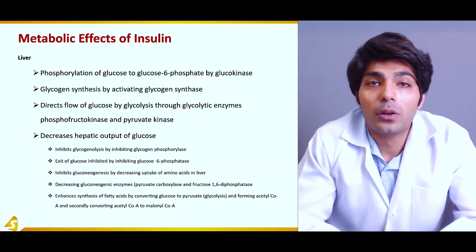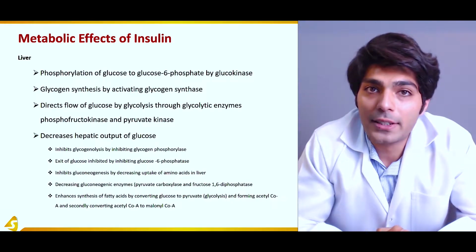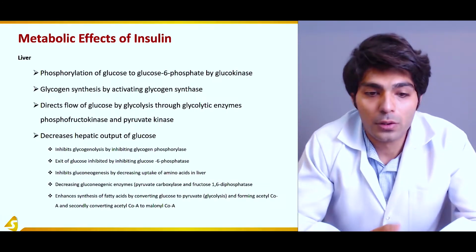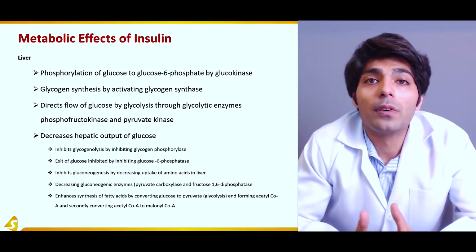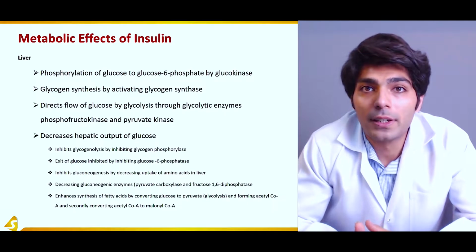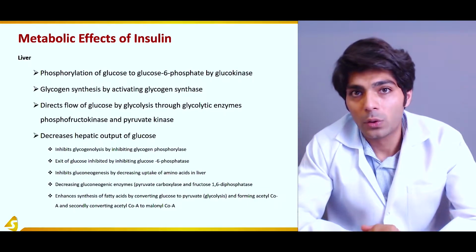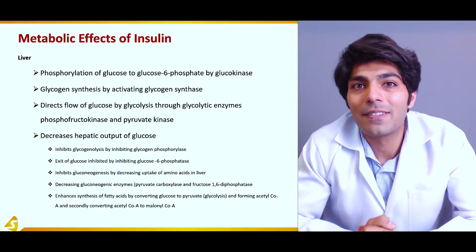It inhibits gluconeogenesis. Gluconeogenesis is the formation of glucose from amino acids. So, by decreasing the uptake of amino acids in liver, like the protein-rich diet which we are eating, it also stimulates the effect of insulin.